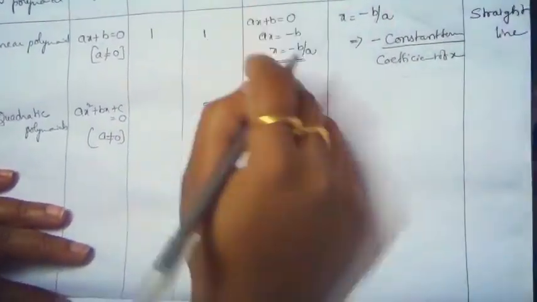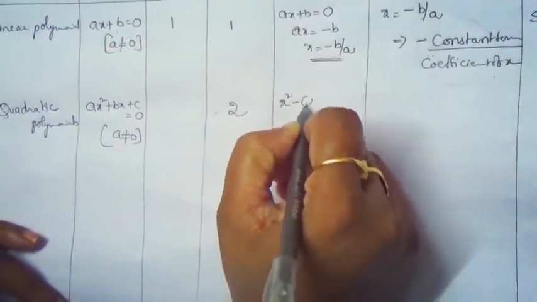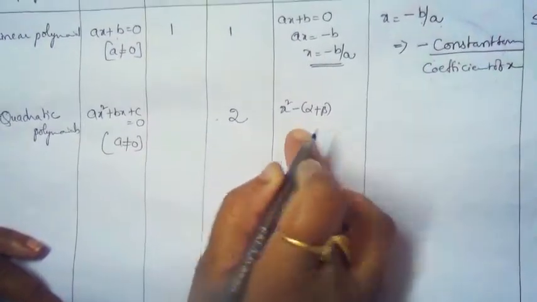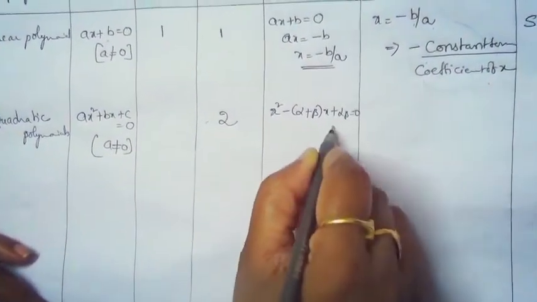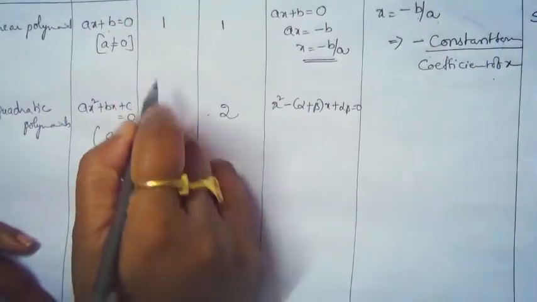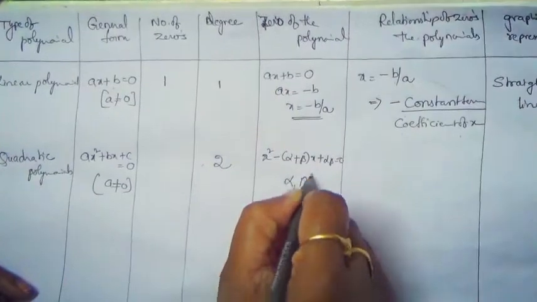The zeros of the polynomial, how can you find them? x square minus alpha plus beta x plus alpha beta is the relation. So the number of zeros you will get is 2 values, alpha and beta.